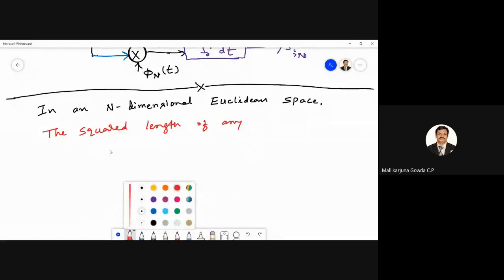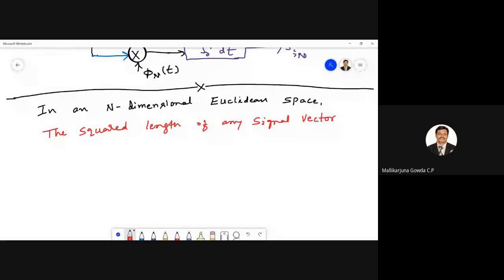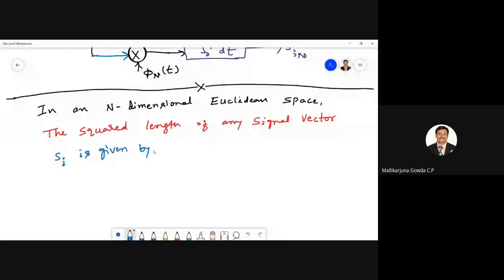the squared length of any signal vector, that is Si. The signal vector is Si. The squared length of the signal vector is given by the inner product.